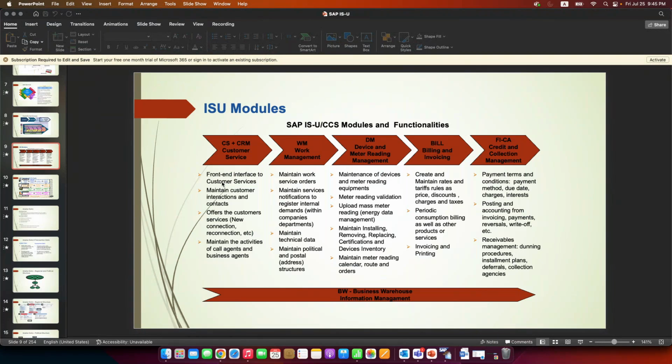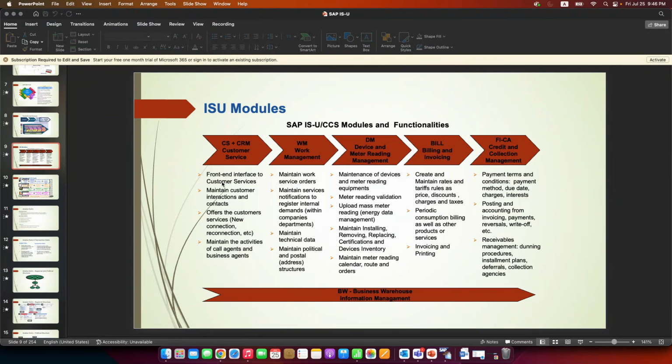Now, before even getting into the customer service module, we have to think of how the customer service of the utility company is going to be handled in the real world.